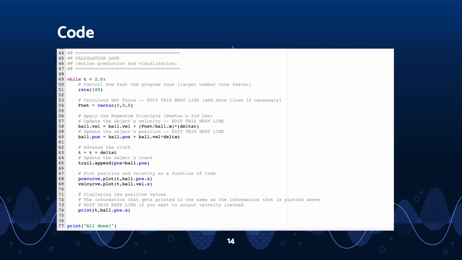This was the rest of the code used for the computational model, and you'll see in lines 58 and 60 I updated the formulas used for the object's velocity and position.